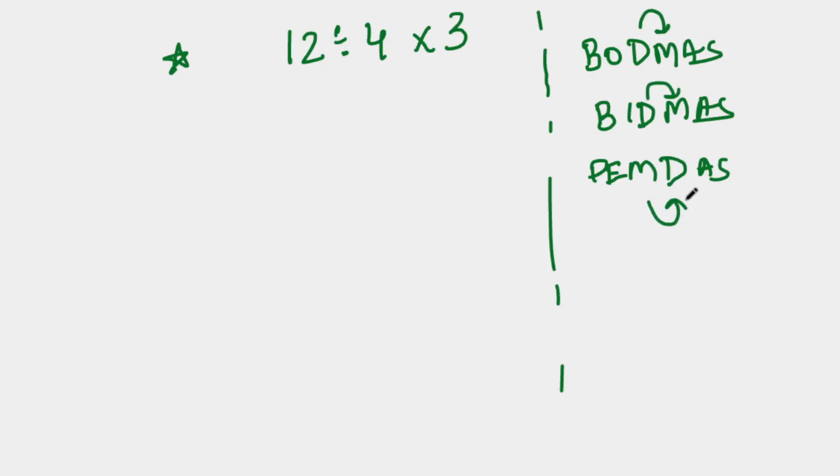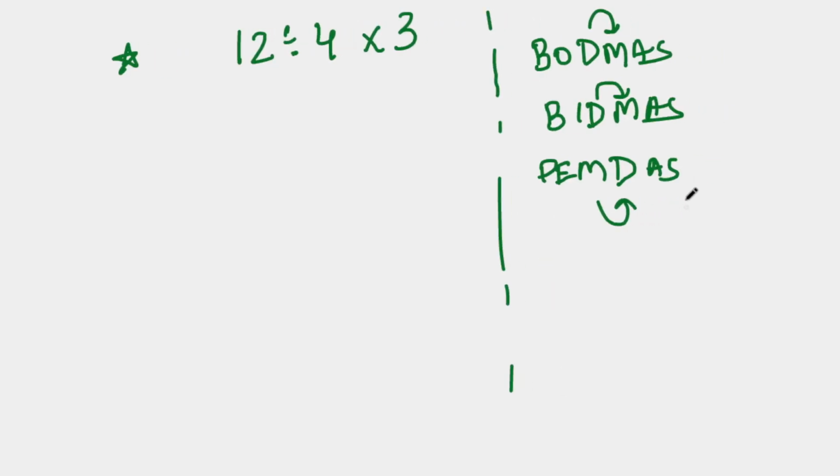So no. What I said earlier, you have to keep in mind, because it's very important. When you have multiplication and division in one expression, you will follow the operations left to right. So we will start from here. We see division comes first, so we will solve this part. 12 divided by 4 is 3.